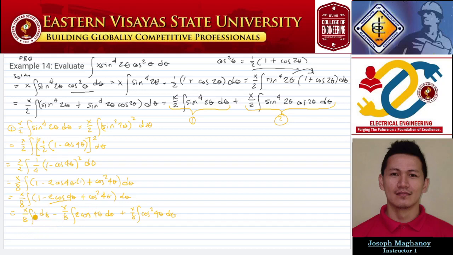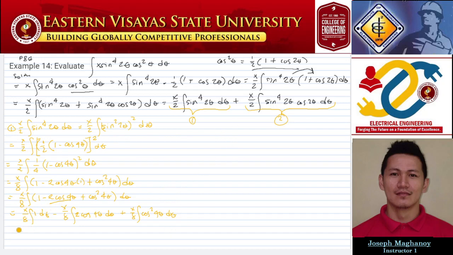So if we're going to use this one, okay, we can apply integration here right away. But here, we can still use identities. Cosine squared 4 theta, there is still identities. We used it a while ago.